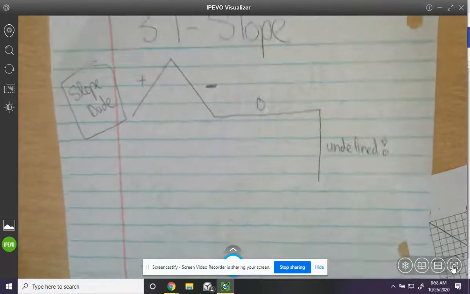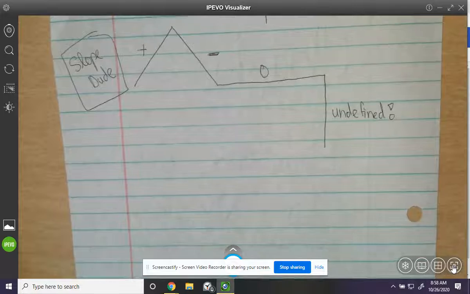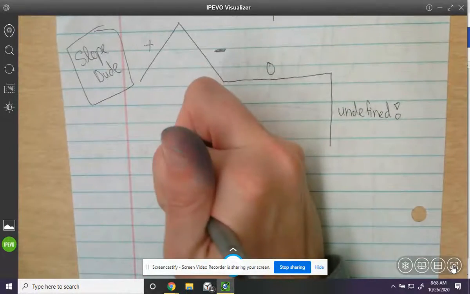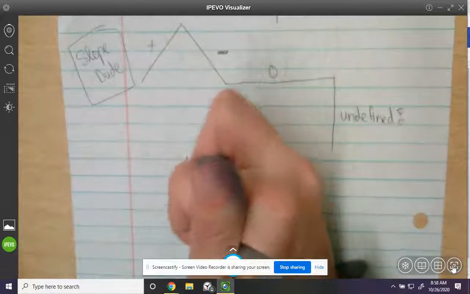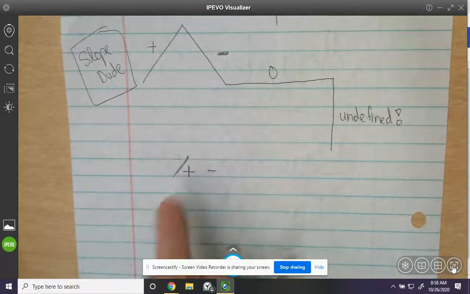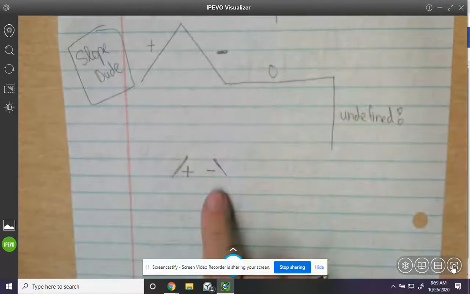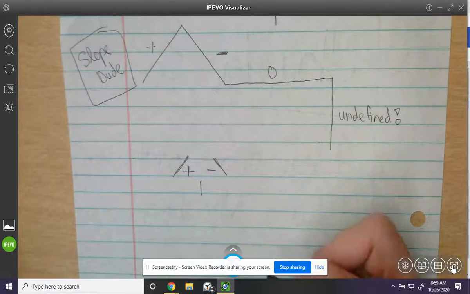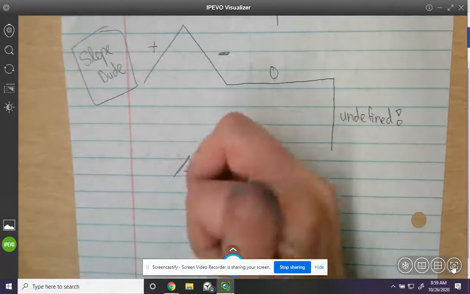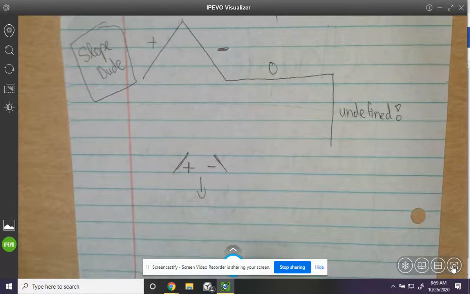Then there's another way that I learned it, and that's with Slope Man. So his eyes are a plus sign and a minus sign. His eyebrows show you what the line would look like if it was a positive slope or a negative slope. His nose is just a line straight down. We call that undefined, so we put a U underneath it for his nose.